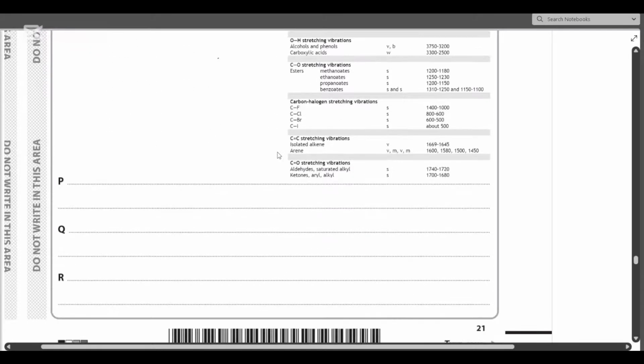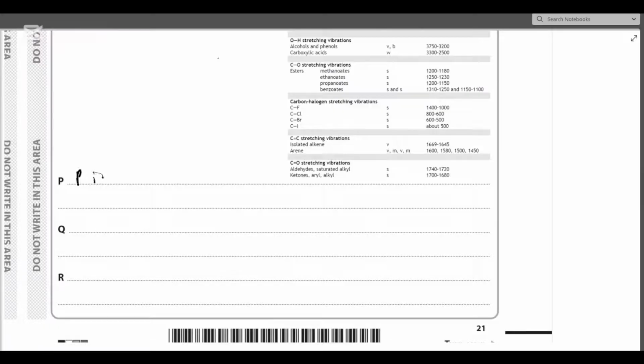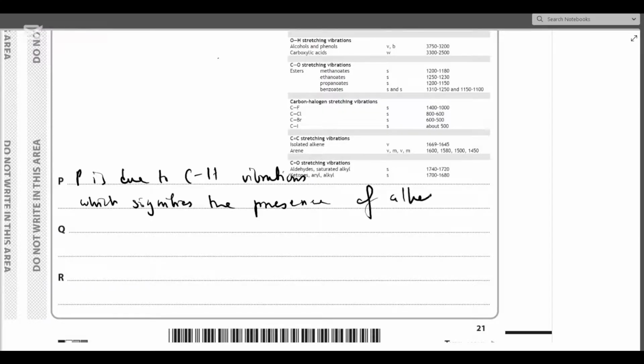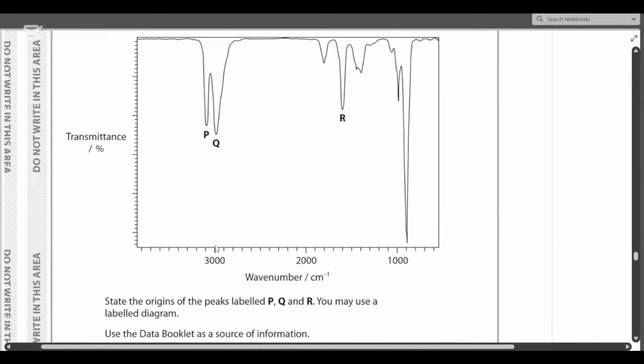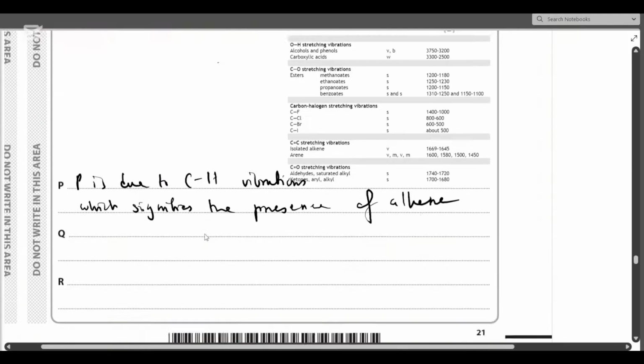So we can say that P is due to CH vibrations, which signifies the presence of alkene. Again, if I talk about Q, Q also is within the same range, a little bit backwards, for example, between 2,900 and 3,000.